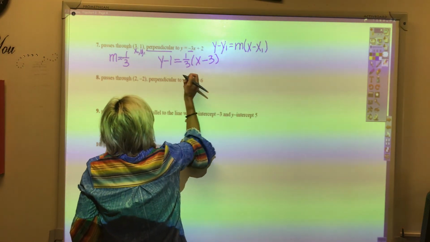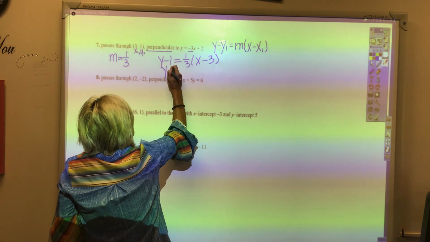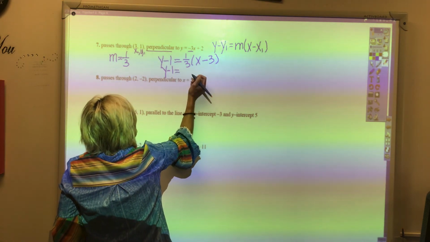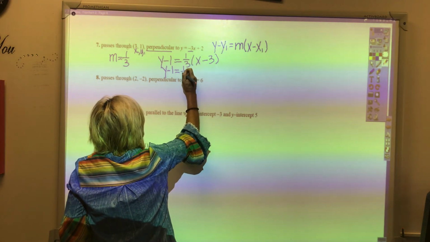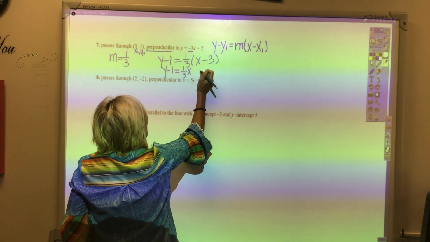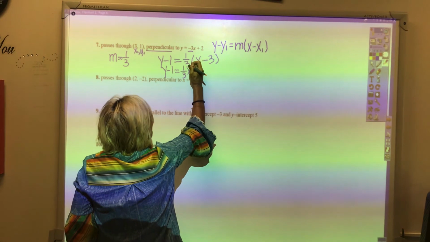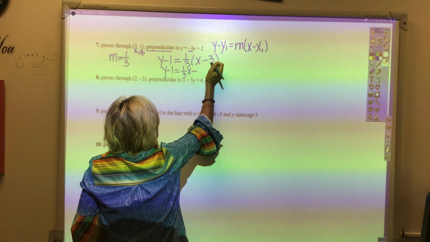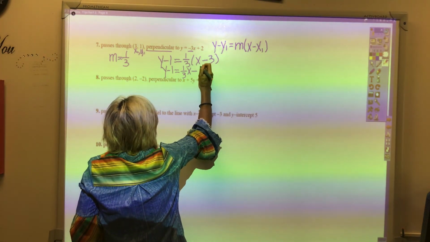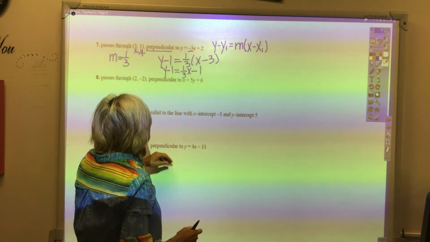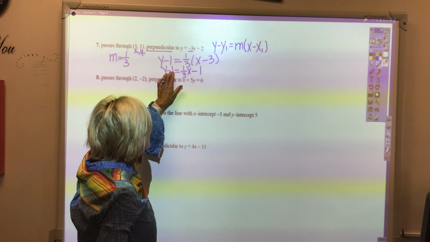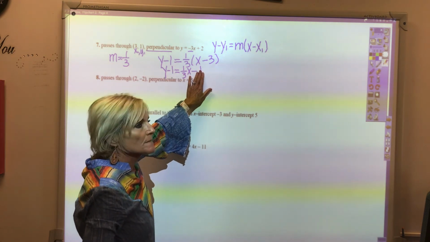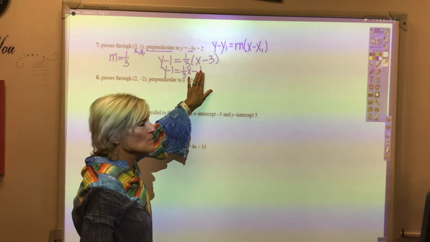And we're going to sub into the formula, so we'll have y minus 1 equals 1/3 times x minus 3. Keep the left side the same for right now. Distribute on the right, we'll have 1/3 times x is 1/3 x minus 1/3 times 3 would be a 1. If we solve for y, you'd see that we would add 1 to both sides, which would make the y-intercept 0.